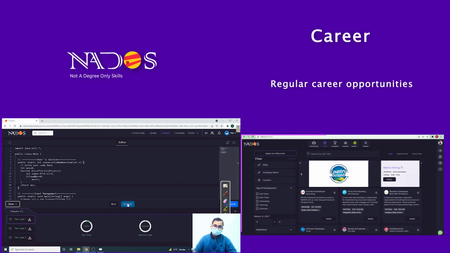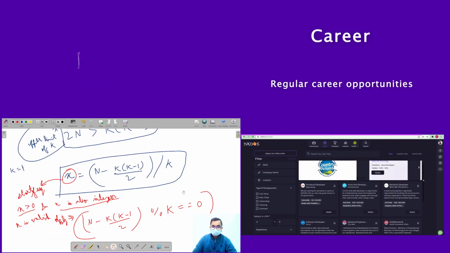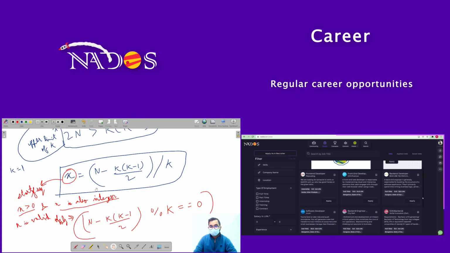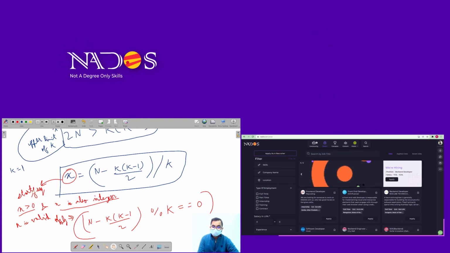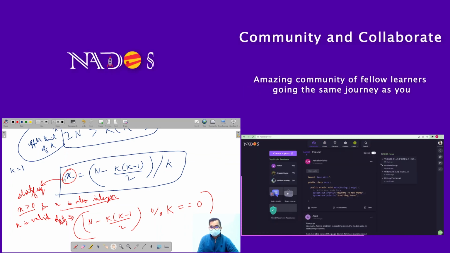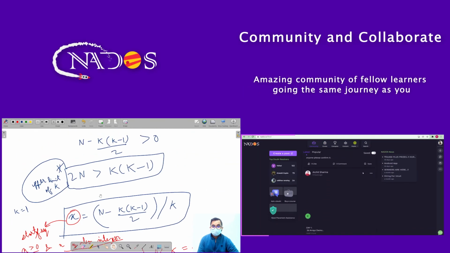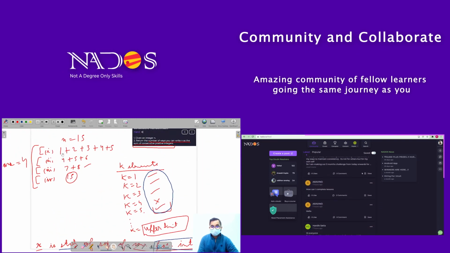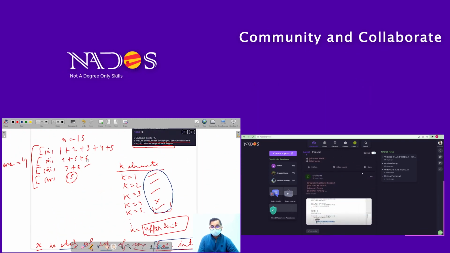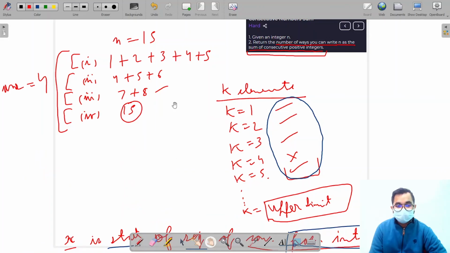Okay, now if you look closely, we were told to find the number of ways, but we had derived this equation which was telling us the start of the sequence also. So if we actually wanted to find the entire sequence of consecutive positive integers, we could easily find that.